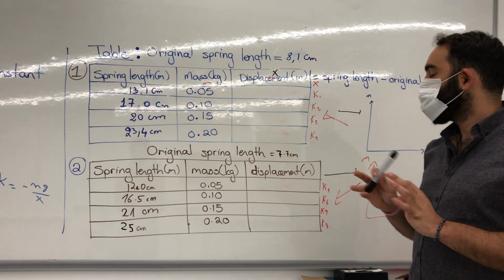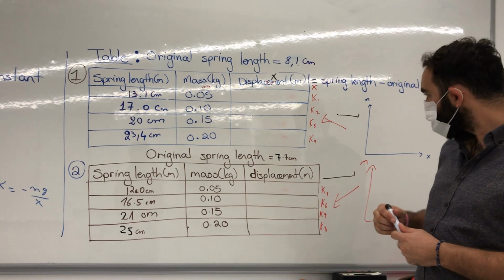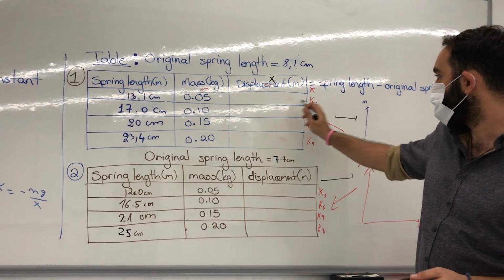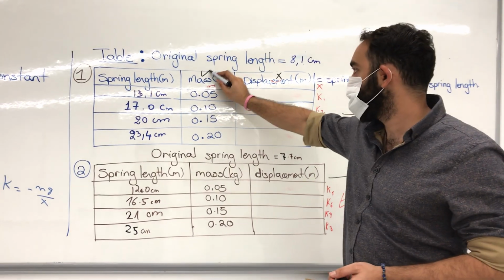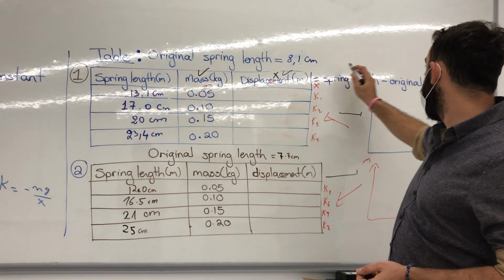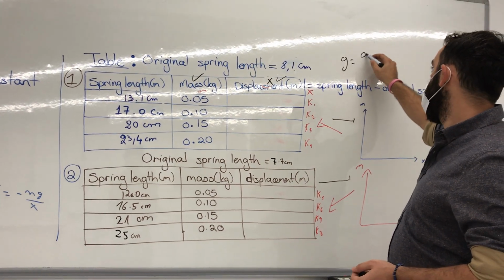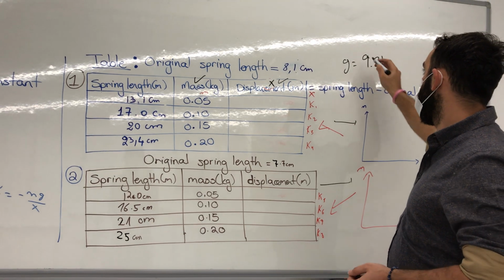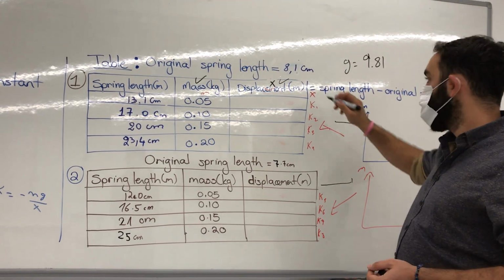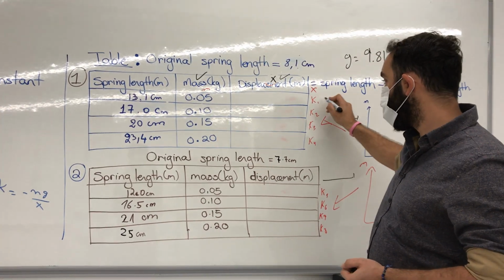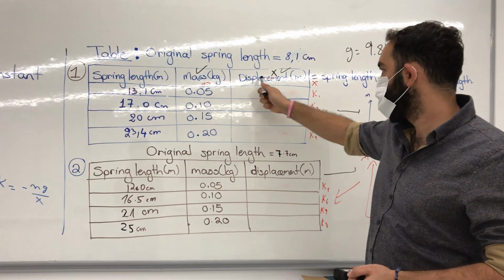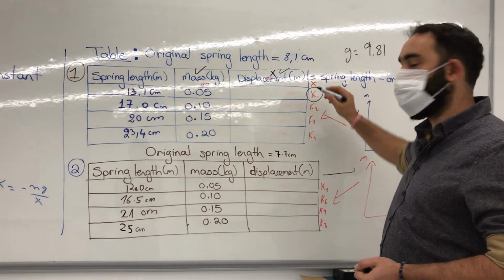So in your calculation part right now, for each line here, you have your mass and you have your x, and we unify g as 9.81. So for every line here, you will use the mass, displacement, and g to get the k.